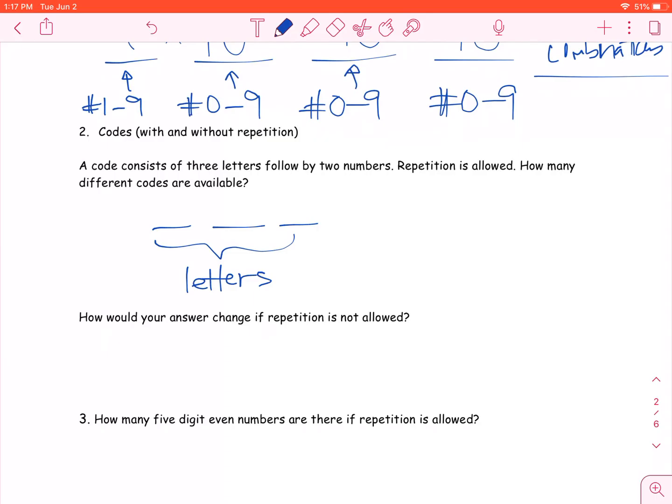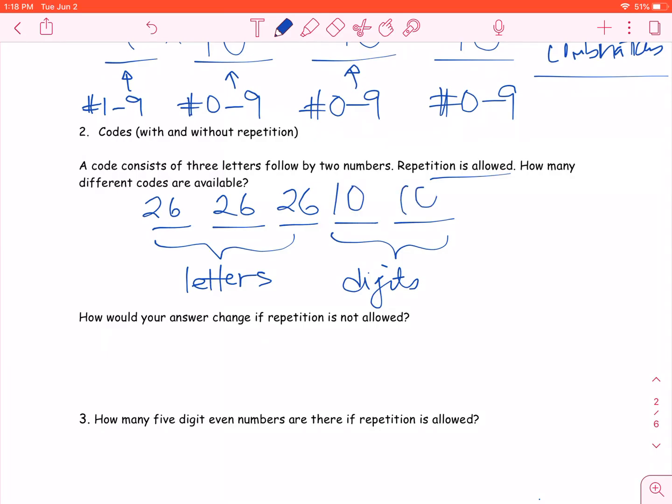Okay, in our alphabet, we know that there are 26 letters, so that leaves us with 26, 26, and 26. Repetitions are allowed, meaning each time we can have repeating letters, so it's not like it's one less in our options available. In our digits, as we did earlier, we noticed there are 10 possible outcomes.